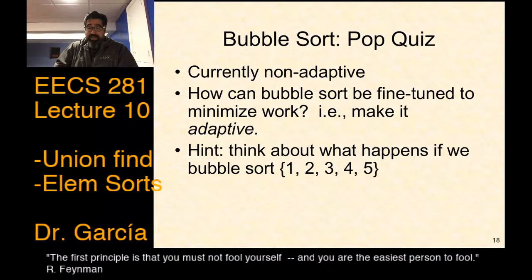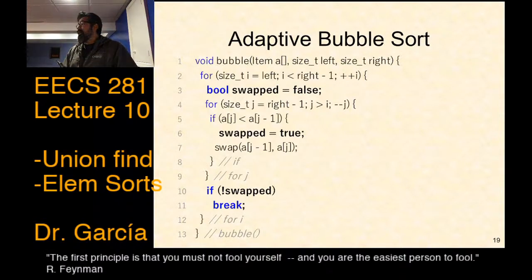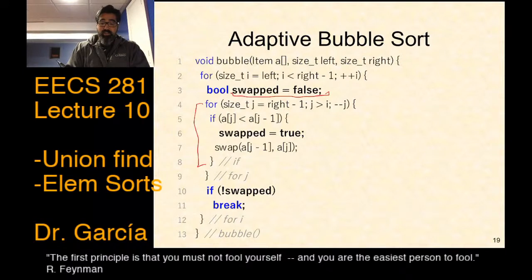I can just break out of my outer loop and I'd be done. So all I need is kind of this Boolean flag that just says whether during the execution of the inner loop I've actually done a swap, right?